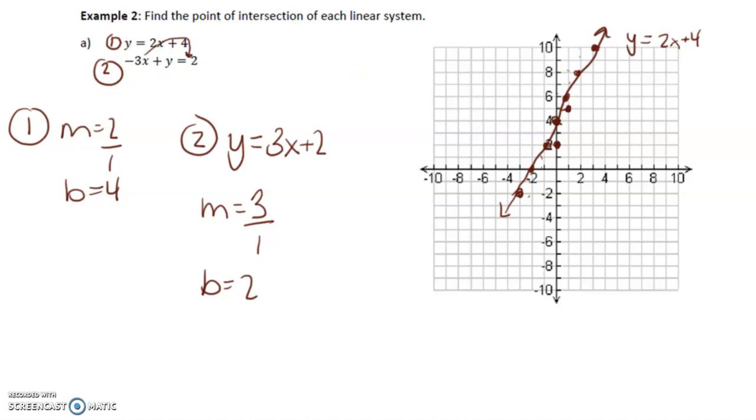Maybe I'll do this in another color. Then it's going to go off the graph, and that's okay. So this is y equals 3x plus 2. And we can see right here, this is the point of intersection. It occurs at 2, 8.